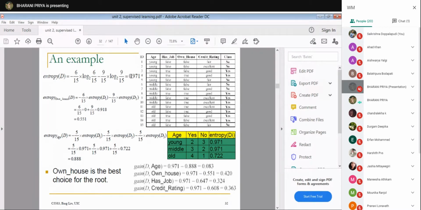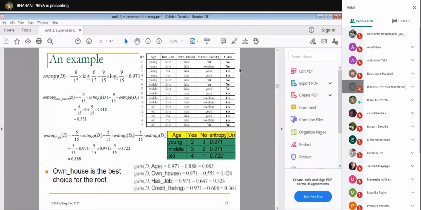Now individually calculate for attributes. Let us take entropy of age. Entropy of age is having three values: young, middle, and old age.